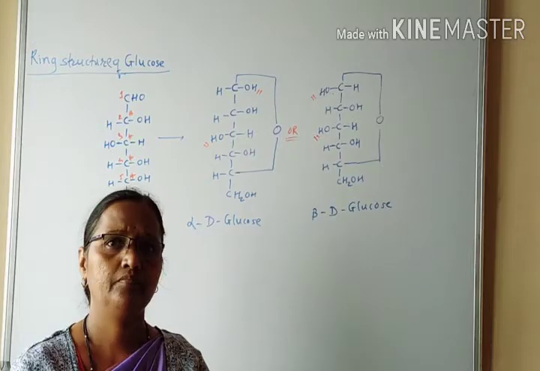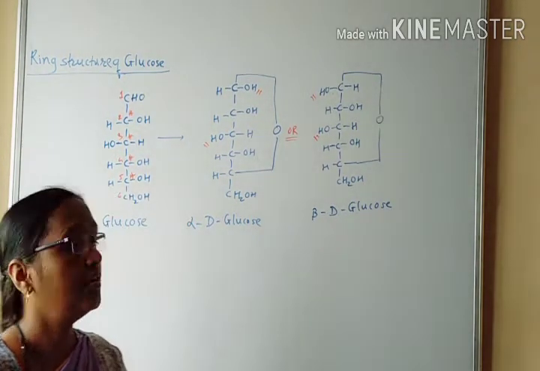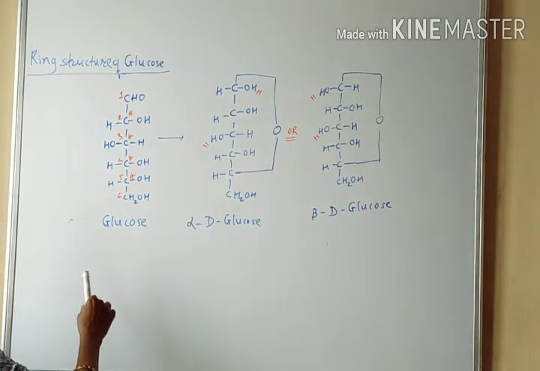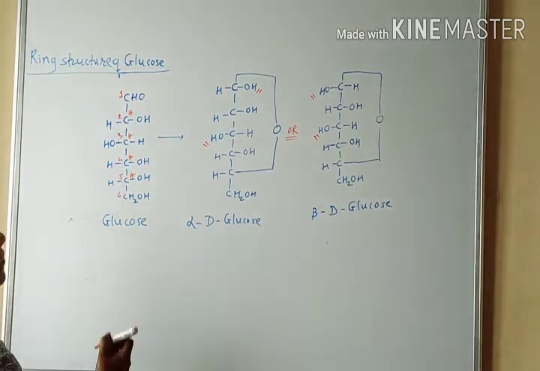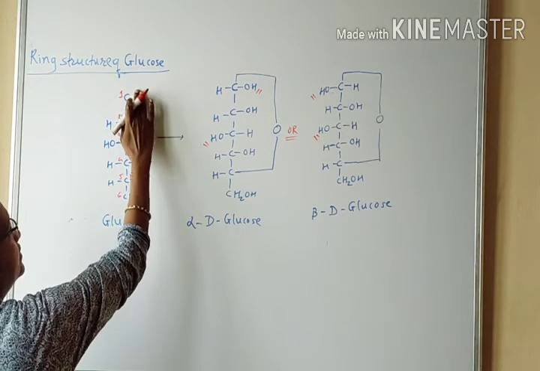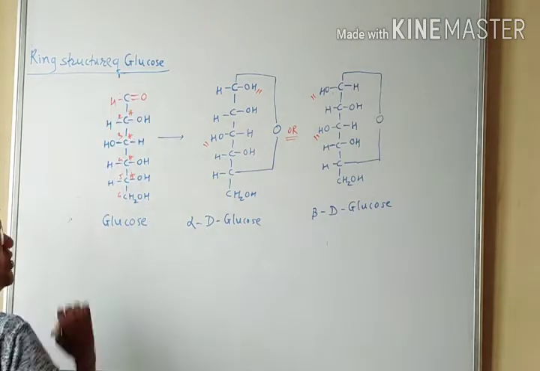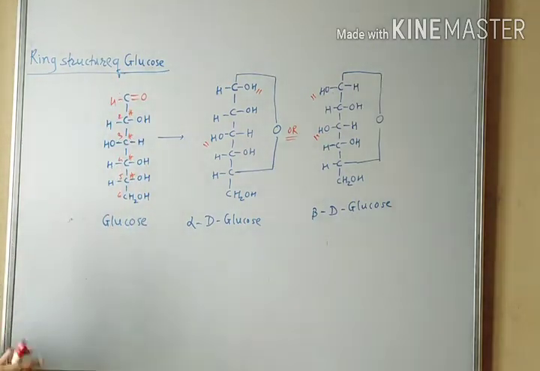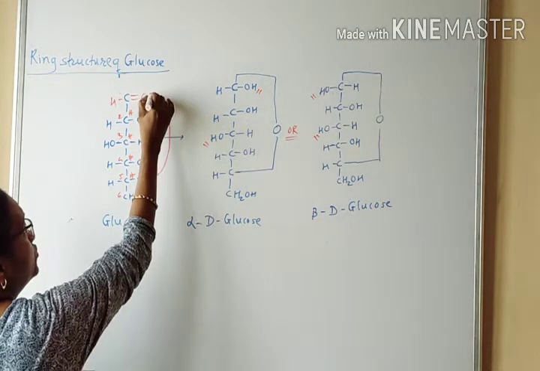Now we will see the ring structure of the glucose. We have seen carbon atoms 1 to 6. Now see here, this is the aldehyde functional group. You can write that like this: C double bond O dash H. Now the hydrogen atom from the 5th carbon atom moves to this side.